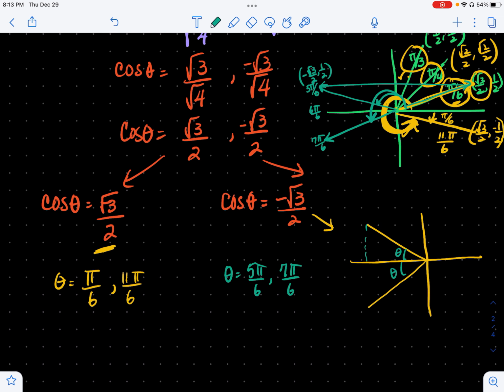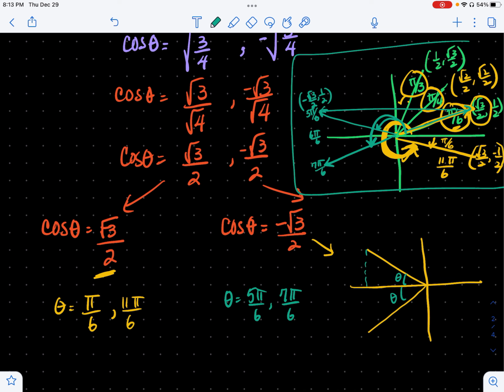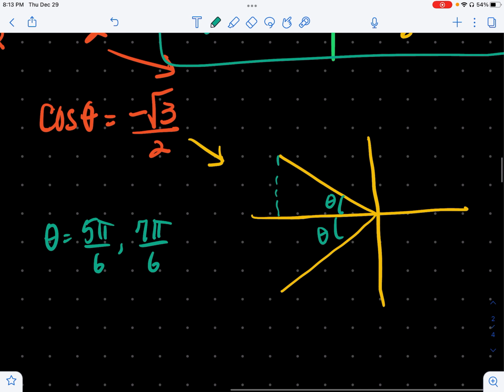Now that was without making triangles. If you can't connect to this, which is basically a little bit of memorization of the first quadrant, with everything else a reflection of it, then go the traditional route. This is the adjacent, that's the hypotenuse.